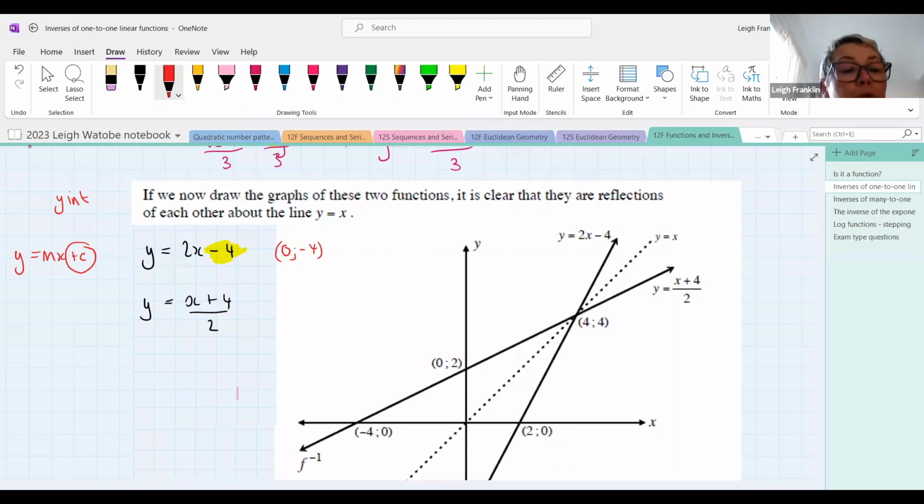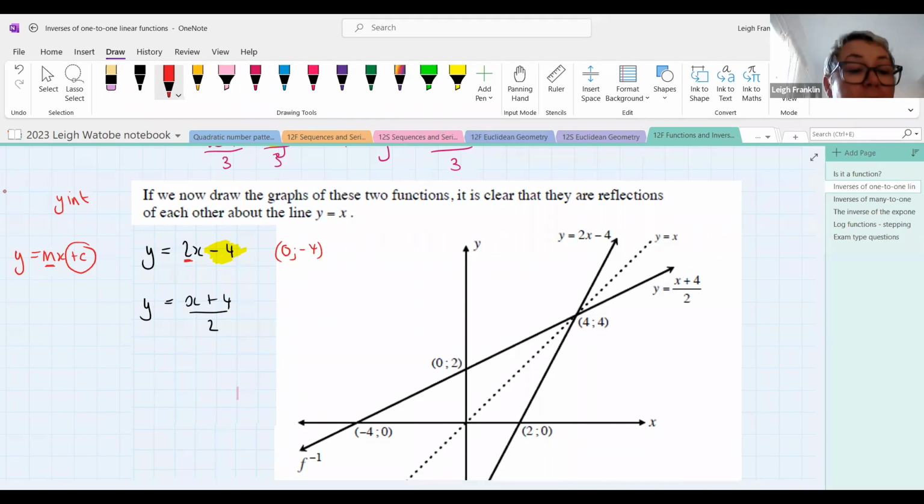This number 2, which would be the m, what does the letter m represent in my function? Yes, Samkelo. Ma'am, it represents your gradient. Absolutely. Brilliant. So the gradient of the line is 2.